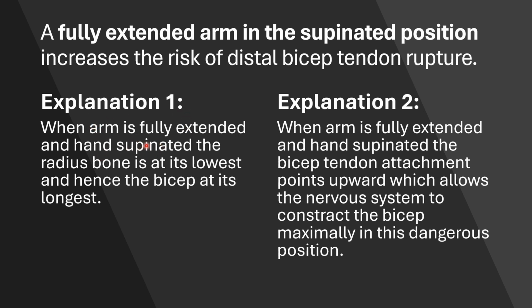Explanation one: when the arm is fully extended and the hand supinated, the radius bone is at its lowest and hence the bicep at its longest. And that is what causes it. Explanation two: when the arm is fully extended and the hand supinated, the bicep tendon attachment point is upward, which allows the nervous system to contract the bicep maximally in this dangerous position, and hence the bicep itself causes its own coming off of the bone, because it is allowed to contract so maximally in that very dangerous position.